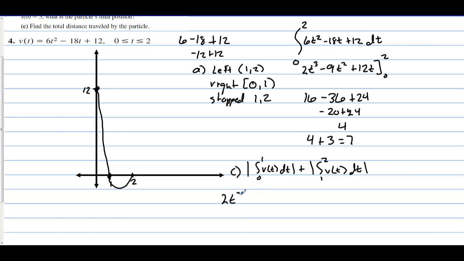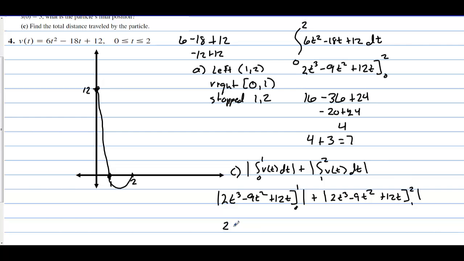It's 2t to the third minus 9t squared plus 12t, and we'll evaluate that from 0 to 1 and make sure we count it as positive. We already know from the graph it is positive, but if we weren't using a graph, we would make sure we took the absolute value. So we have absolute value of 2t to the third minus 9t squared plus 12t, and we'll evaluate that from 1 to 2.